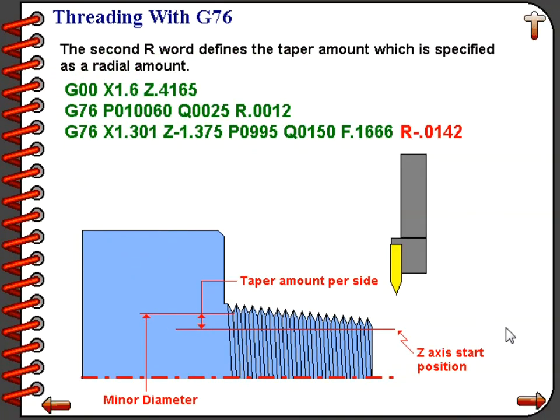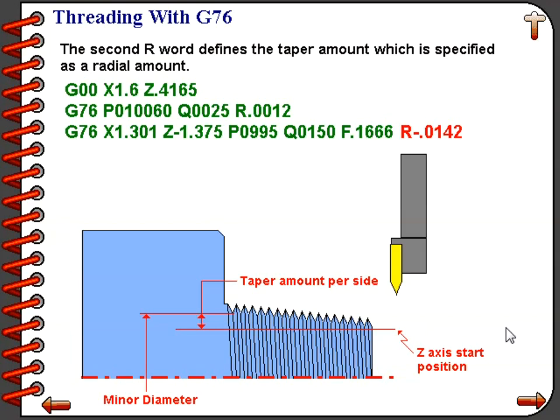We can also cut a tapered thread, as in the case of a pipe thread, with the G76 cycle. To specify a taper, we add an R word to the second line of the G76 cycle. What that will do is shift the starting point on x-axis by the value specified in the R word.